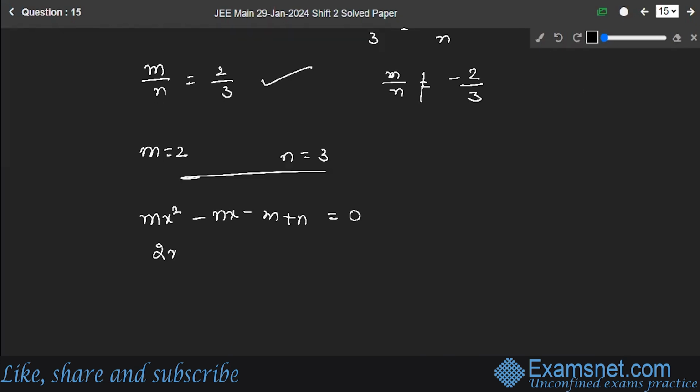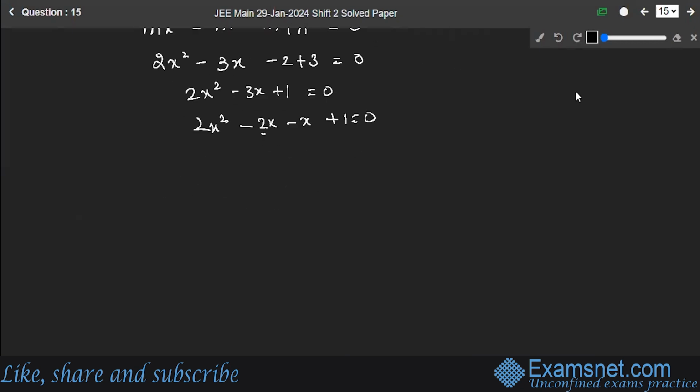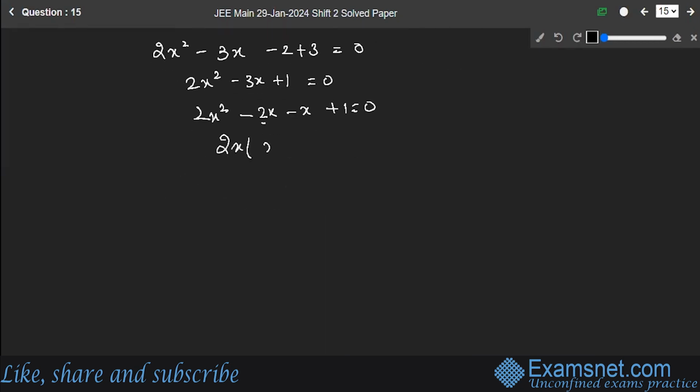This will be 2x square minus 3x minus 2 plus 3 is equal to 0. 2x square minus 3x plus 1 is equal to 0. I'll have the two roots as: minus 2x minus x plus 1 is equal to 0, or you have 2x(x minus 1) minus 1(x minus 1). So you can have x as 1 or 1 by 2.